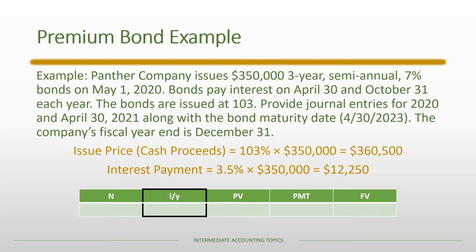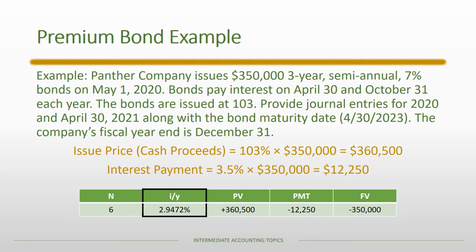So now we're going to use our time value of money in order to calculate the bond yield, because we're going to need that bond yield in order to create our amortization table. The N is 6 because it is 6 semi-annual periods. The present value of the bond is the cash proceeds. The payment is a contractual interest payment. And then finally, the par value is the FV, the amount that's going to be paid at the end of the bond's life.